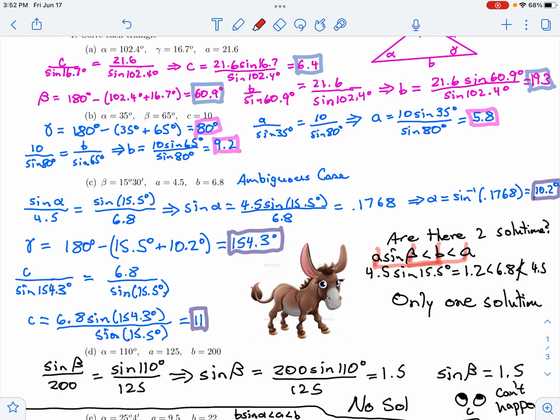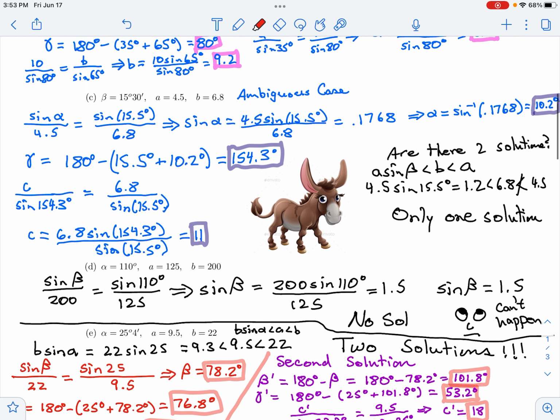This is because we've been given angle beta, and side A and side B. We're going to see how this is modified a little bit when we're given alpha and side A and side B. Anyway, I put this ratio together, and when I plug this in, I get 1.2, which is less than 6.8, but 6.8 is not less than 4.5. So that inequality doesn't hold, which means, thank goodness, there's only one solution. So we can move on.